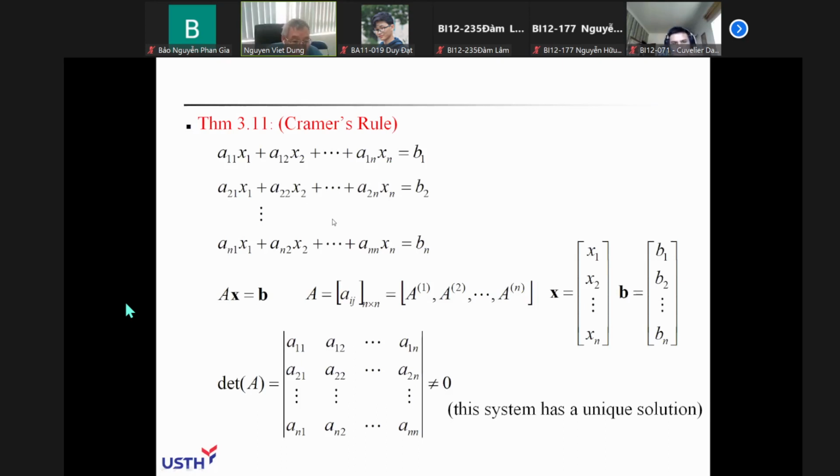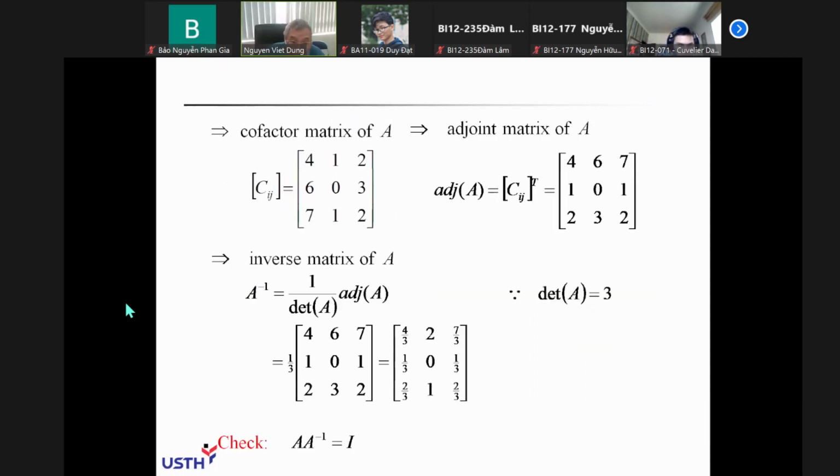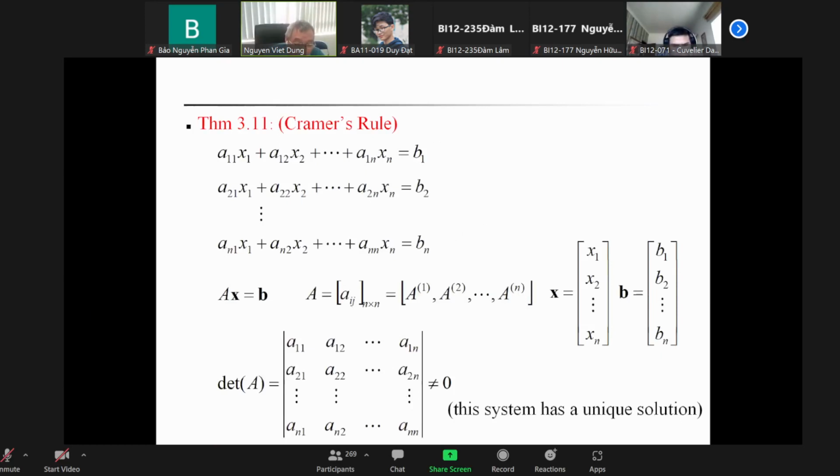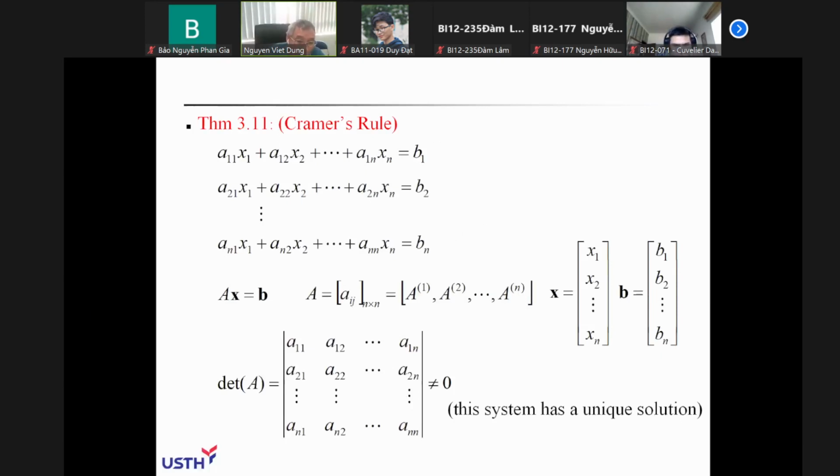And now, using the previous slide, we can find the explicit solution for x1, x2, xn. We can give the exact solution.